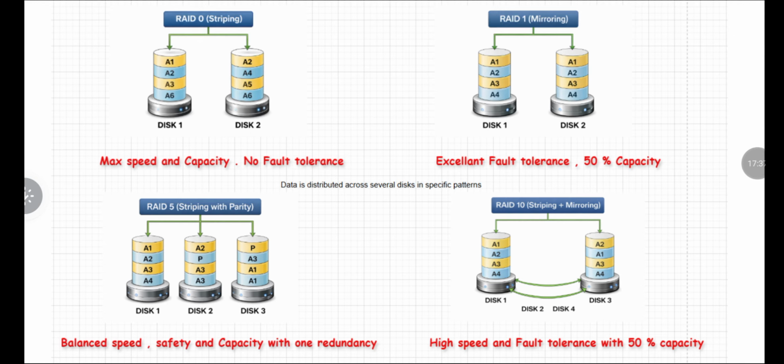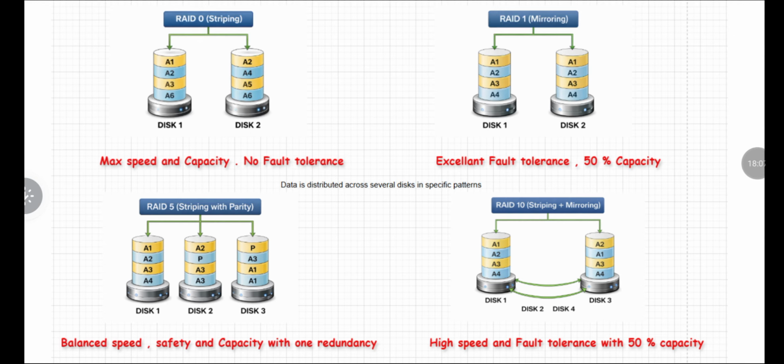It gives high speed and fault tolerance with 50% capacity. So all the RAID levels come in one page. It depends upon what the customer is looking for, and according to their requirement you can select the RAID level.